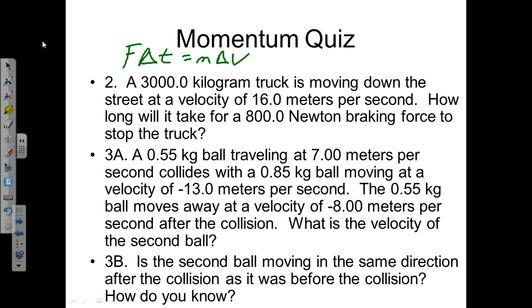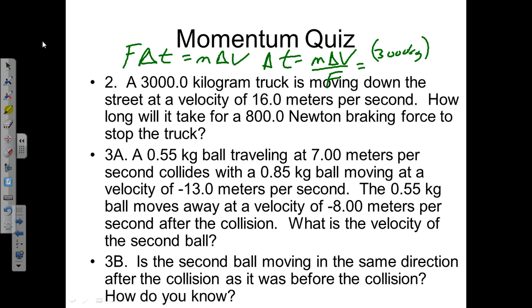So if we take that equation and we solve it for time, we can see that delta t is equal to m delta v divided by the stopping force. So we'll take our 300 kilogram truck, the mass. The velocity's got to change from 16 to 0.